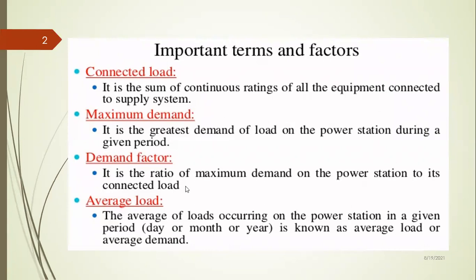Here we are using the word power station, or you may calculate the demand factor of your particular house. Like maximum demand of your house out of 24 hours, when is the maximum demand and how much is that maximum demand to the connected load. What is the total connected load of the house?